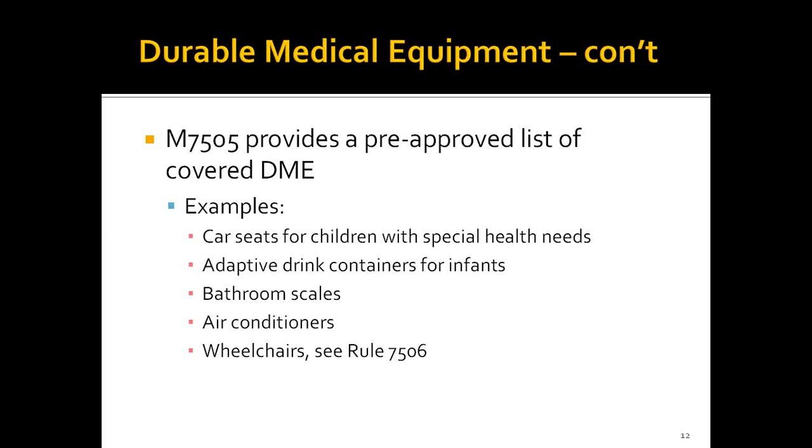So here are some of the big examples: car seats for children with special health needs, special adaptive drink containers for infants, a bathroom scale for somebody who has a heart condition, air conditioners, which is typically one that's on an excluded list, but under certain circumstances air conditioners can be covered, and of course wheelchairs, but that has its own separate category as well.